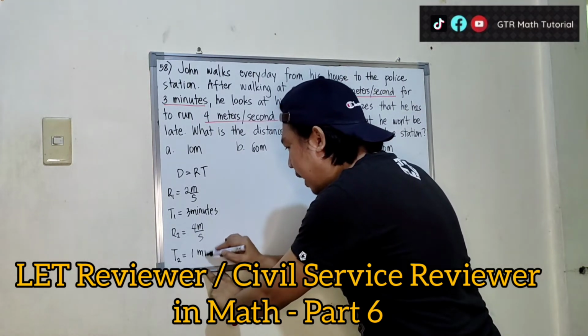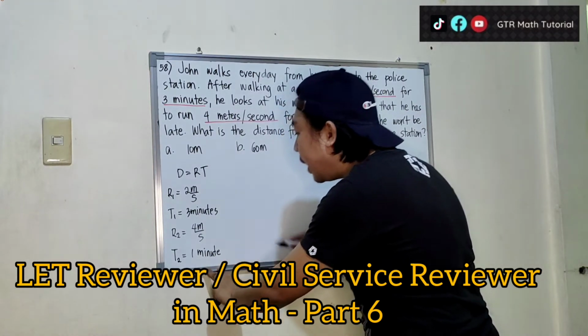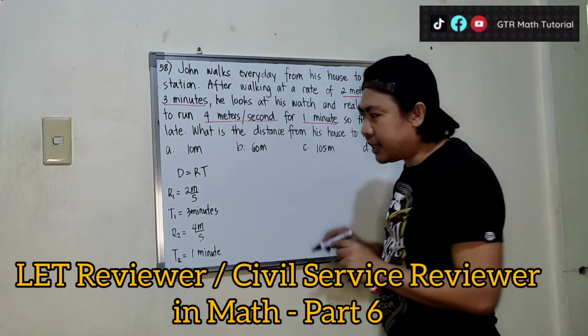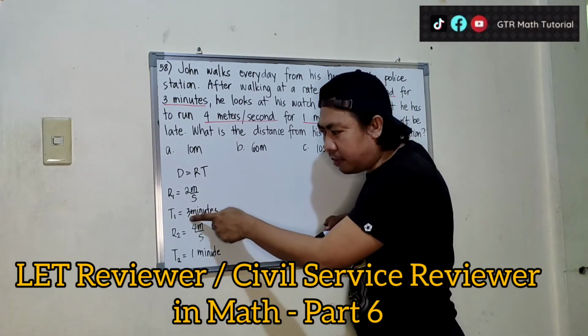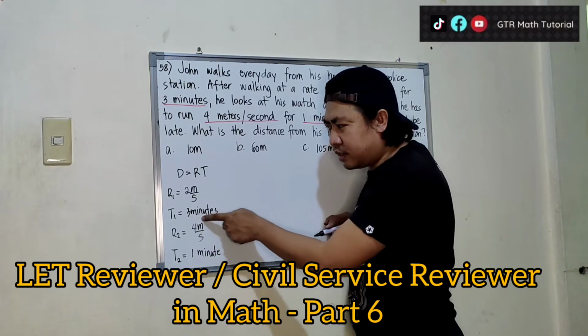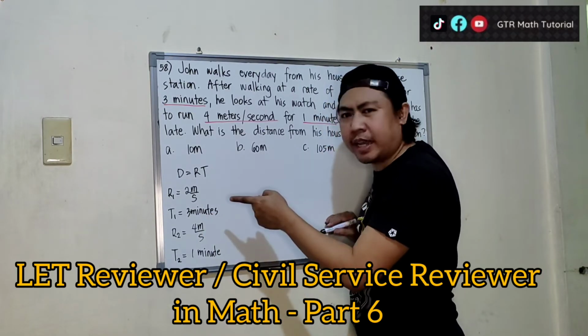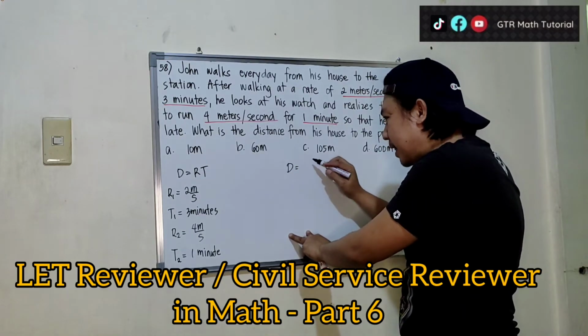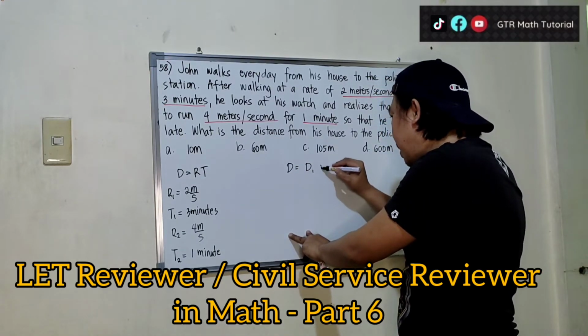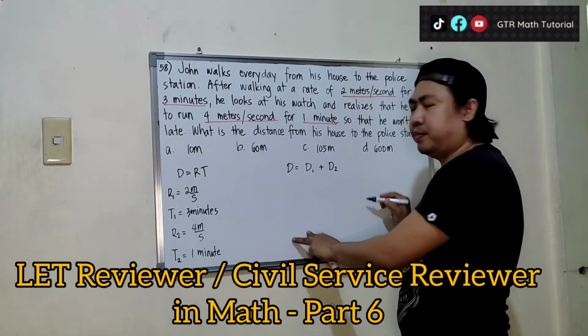So, kagaya nga yung sinabi ko kanina, kailangan tingnan nyo mabuti ang unit natin. So, dito, meter per second. Tapos, yung time, minutes. So, hindi natin pwedeng i-direct i-multiply yan. So, ang total distance natin dito, lagay natin ay distance 1 plus distance 2.